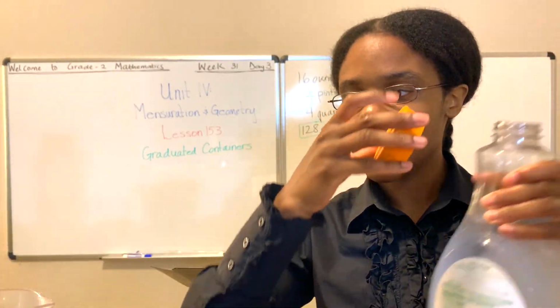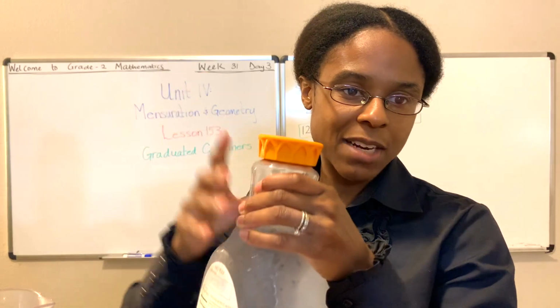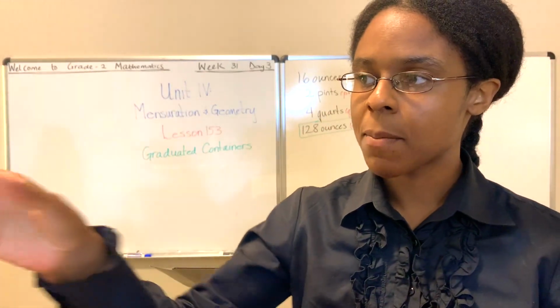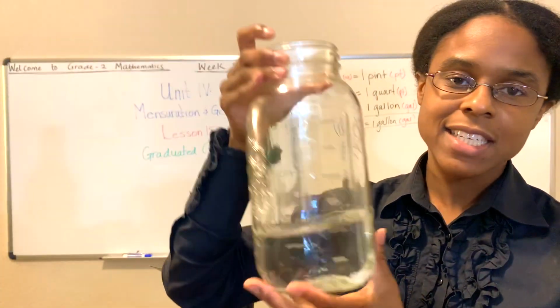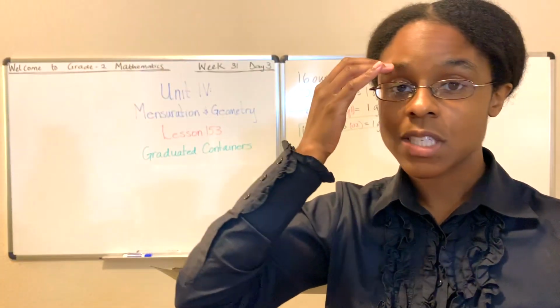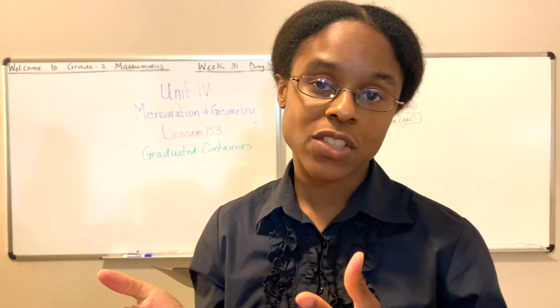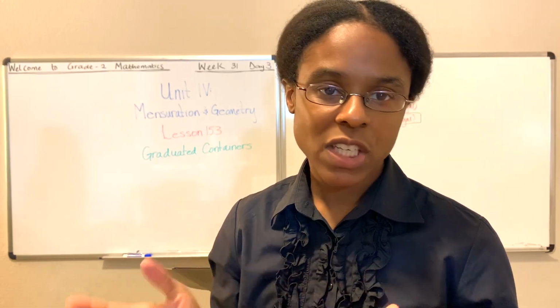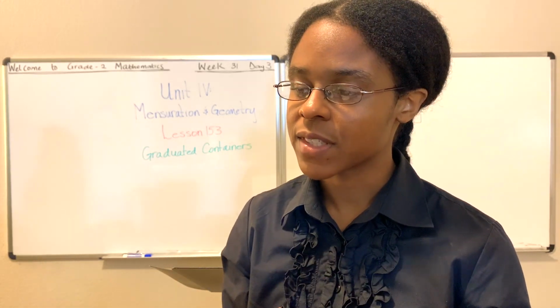Use everyday items. We have a bottle of water, you have measuring tools, maybe a glass jar, and take time measuring different units into glass jars or maybe into plastic if that's safer for you, and see how much liquid will fill a container. And vice versa, and just have fun.